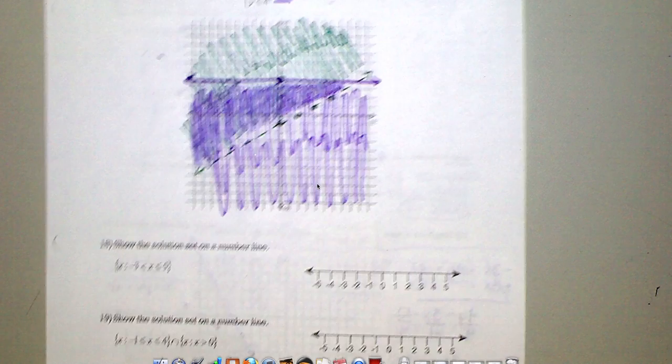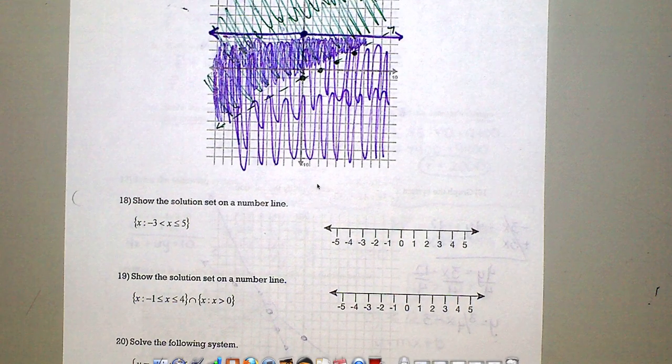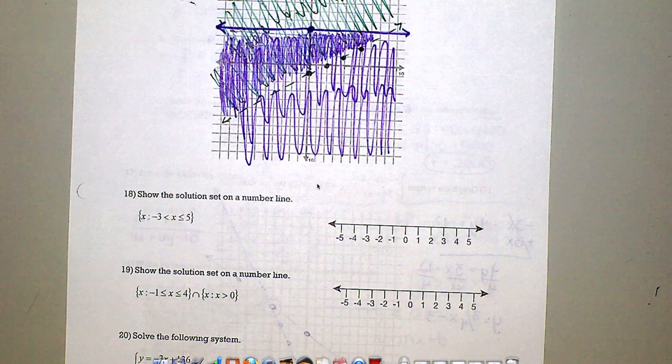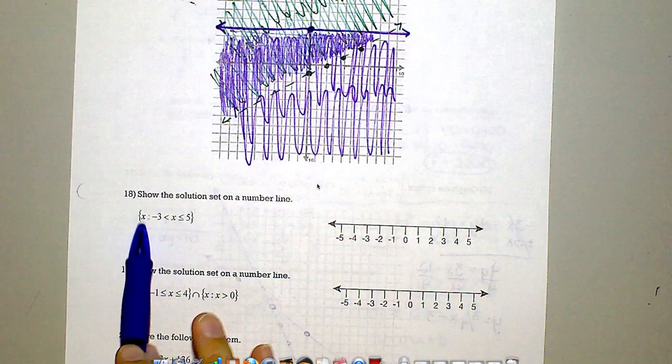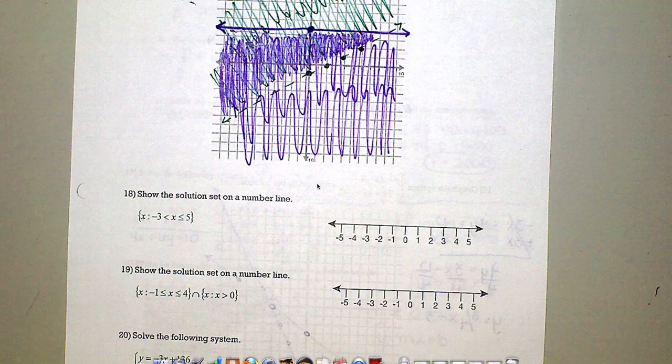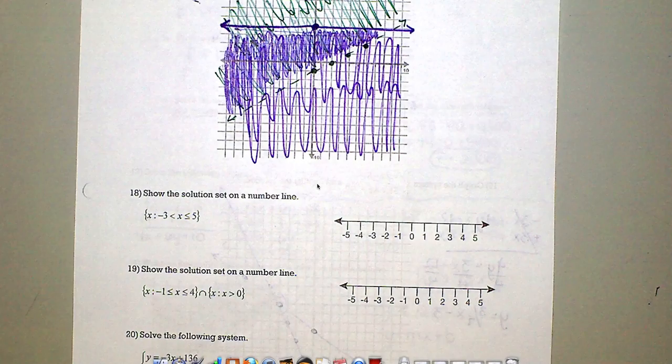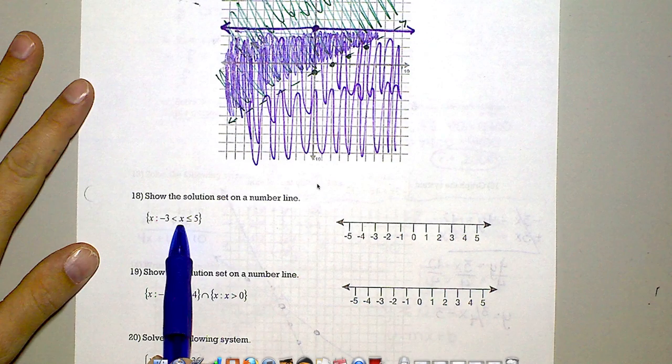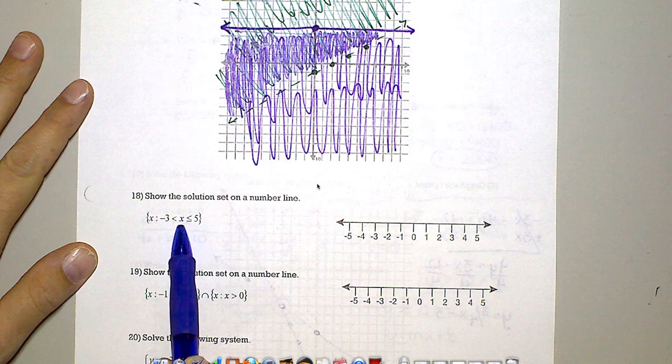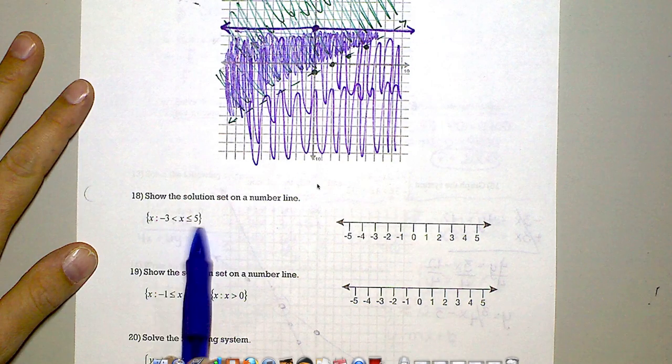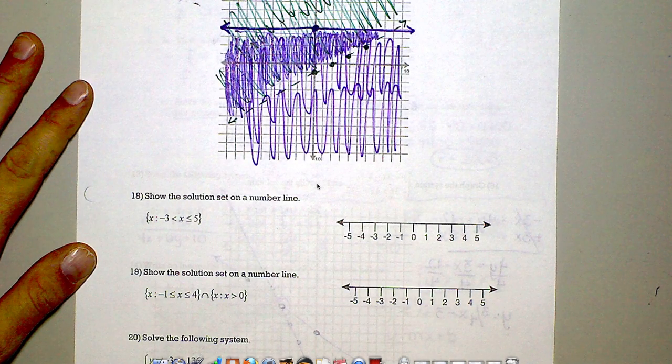Okay, number 18 is asking you to show this on a number line. Remember the crazy stuff with the brackets, that's just set notation. That's just how we write this. What this is essentially asking us to do is shade all the x values that are somewhere between -3 and 5. So all you really have to pay attention to is what type of dot you're putting on each of those numbers.